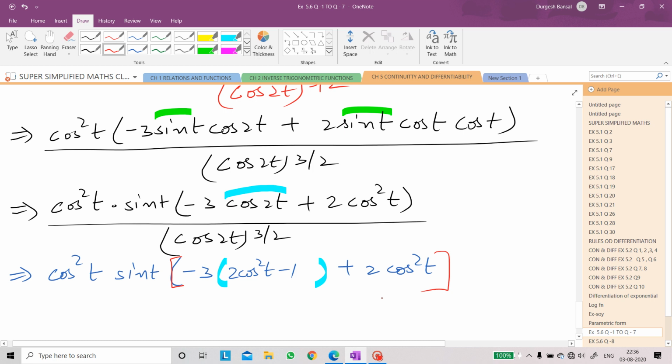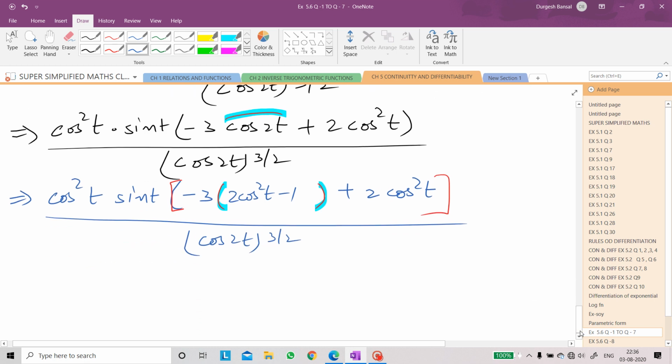I think you will be able to understand this way better with the help of different colors, and the whole thing is divided by cos 2t raised to the power 3 by 2.